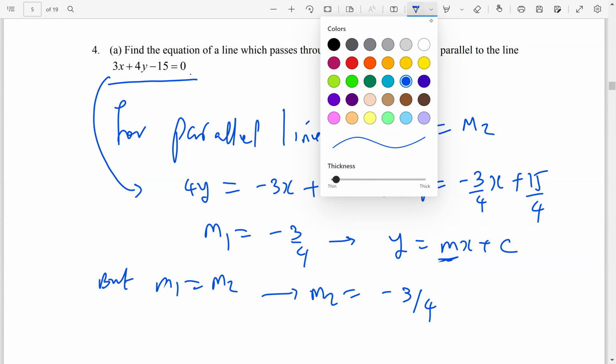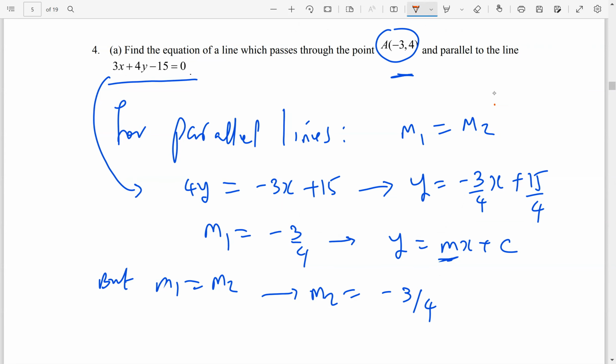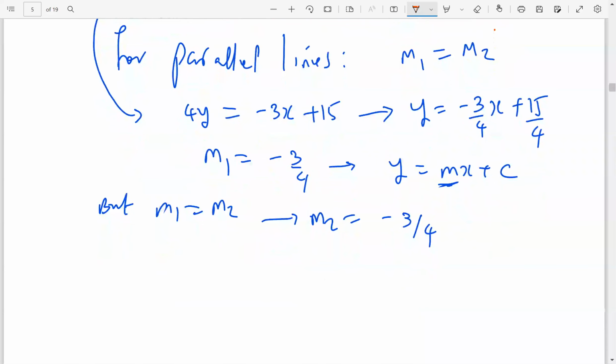Okay? So now we are going to use the equation y equals m times (x minus x1) plus y1. This is the form of the equation of a straight line.